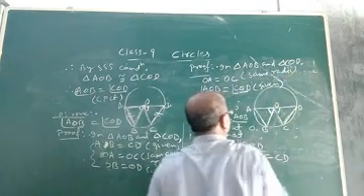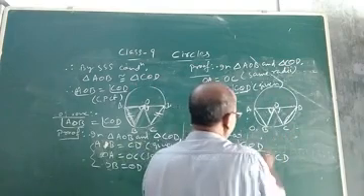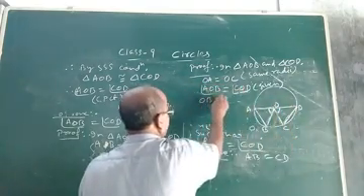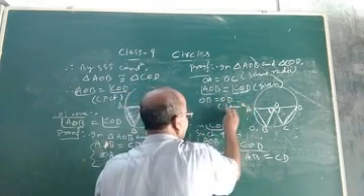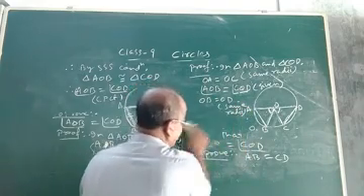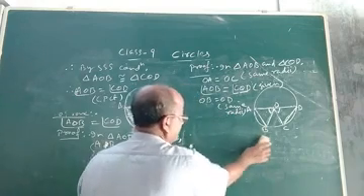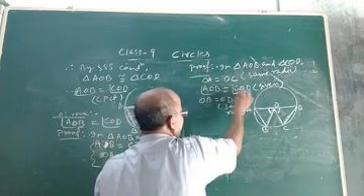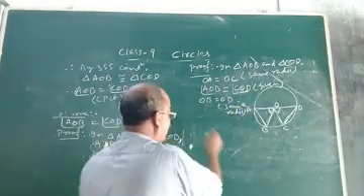Now, the third condition is what? OA equal to OC, then OB equal to OD. OB equal to OD, also same radii, the reason. So we got the three matching parts: OA equal to OC, angle AOB equal to angle COD, it is given, and OB equal to OD, the same radii.